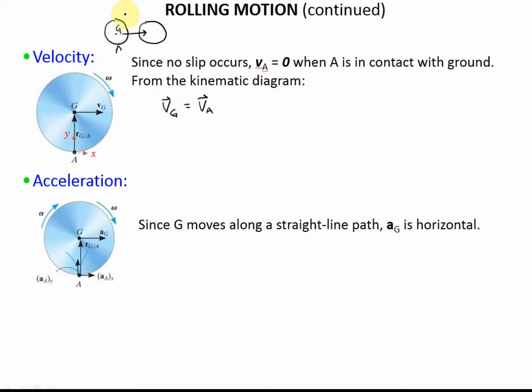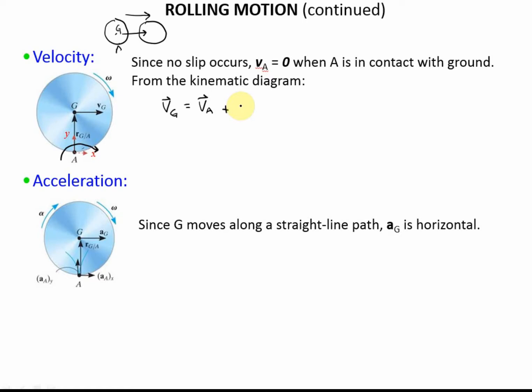As long as it just translates without rotation, Vg is the same as velocity VA. After it translates, everything rotates about A, so using relative motion analysis we write VA, and then we consider that everything is rotating about A.